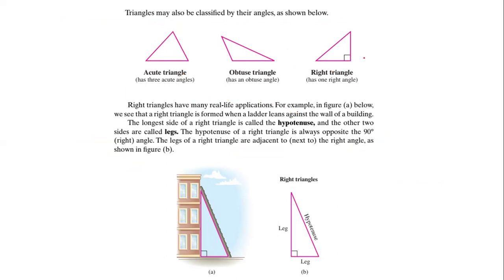So this type of triangle is known as a right angle triangle because there is one angle of 90 degrees. Here one angle is more than 90 degrees, so this is known as obtuse.